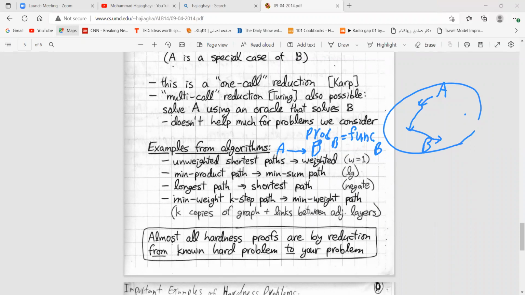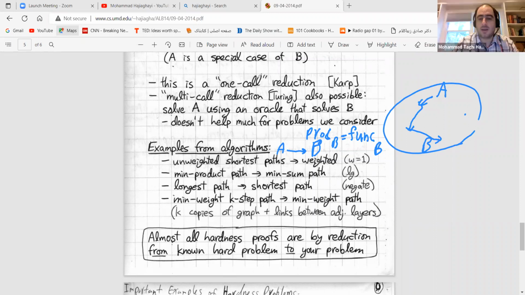Well, you just weight every edge with the same thing, and then solve the weighted version. Yeah, exactly. You can just put the weights equal to 1. So in some sense, the weighted problem is harder than the unweighted problem. You can say also the reverse might be correct.